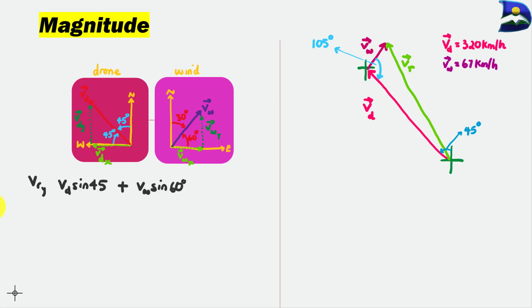And so once we have this, we can now put in the variables where our VD is shown to be 320 kilometers per hour and our VW is equal to 67 kilometers per hour.